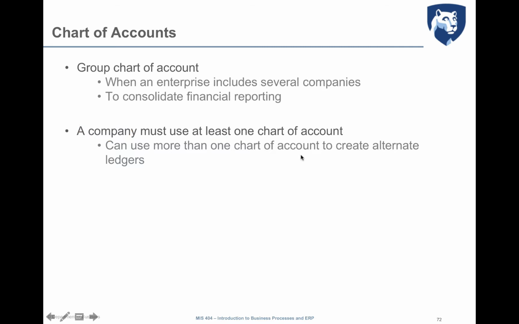We didn't deep dive into what we call a group chart of accounts. A group chart of accounts essentially is included when an enterprise includes several companies, and it is used to consolidate financial reporting.